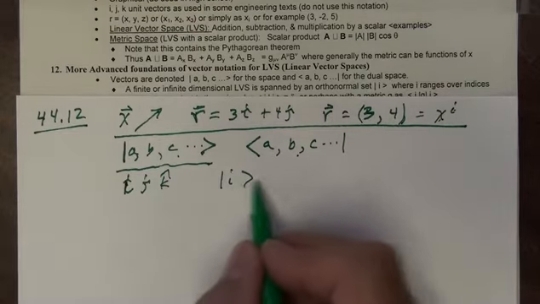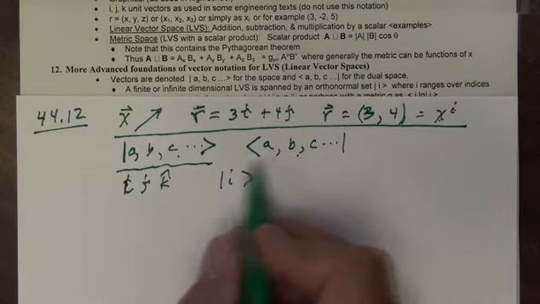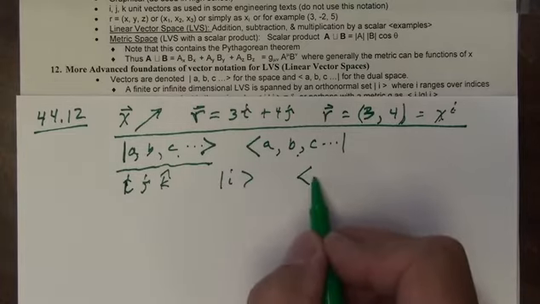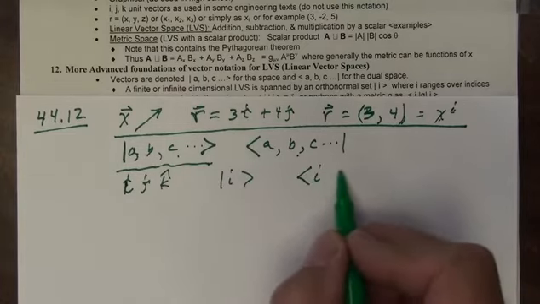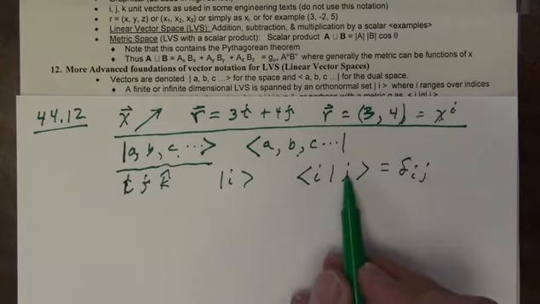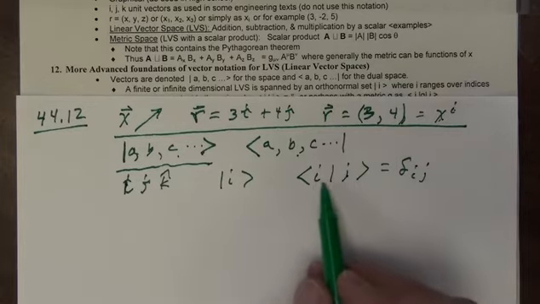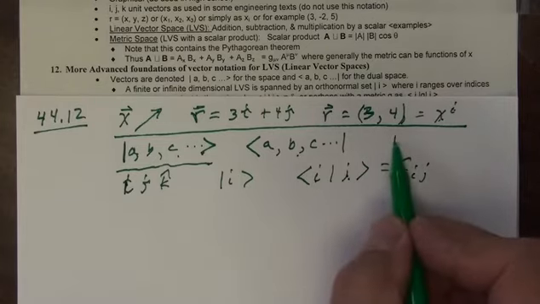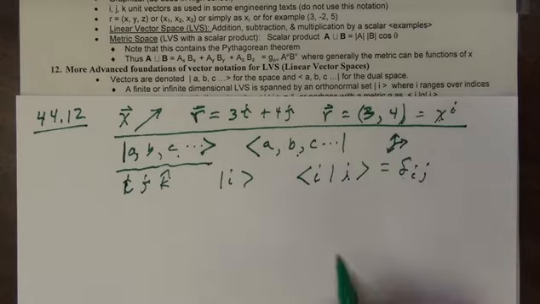And we can take a scalar product by multiplying a vector by another vector. So we could take the dual space <i| with another |j>, and this would be delta_ij. That means the unit vector 1 times the unit vector 1 in the same direction is going to give a 1. But 1 times 2 is going to give 0 because they point in two different directions. These are the little unit vectors that point like this.